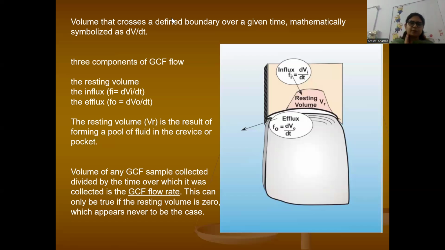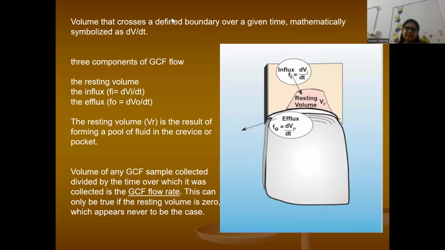Sorry, there was some problem with the internet, I think. So we were discussing three components of GCF: the resting volume, the influx, and the efflux. The resting volume is the result of forming a pool of fluid in the crevice or the pocket.